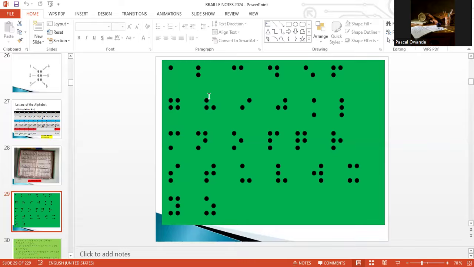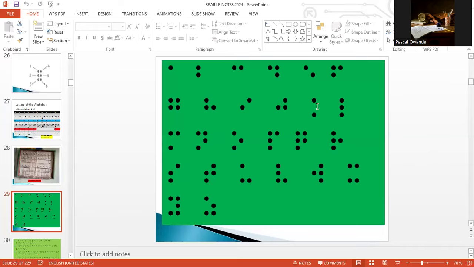Followed by letter H, dot 1, dot 2, dot 5. Followed by letter I, which is dot 2, dot 4. Followed by letter J, which is dot 2, dot 4, dot 5.